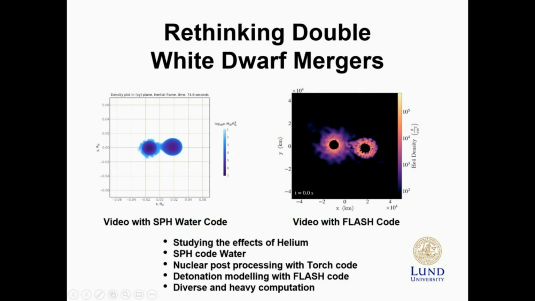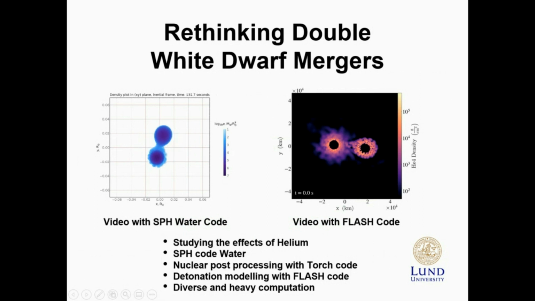We simulate these systems in this code, and that's a hydrodynamical code. And then we apply nuclear post-processing for these simulations, wherein we take every particle of the white dwarf and calculate its nuclear evolution. And then after nuclear post-processing, we calculate the moment when this binary is likely to detonate.